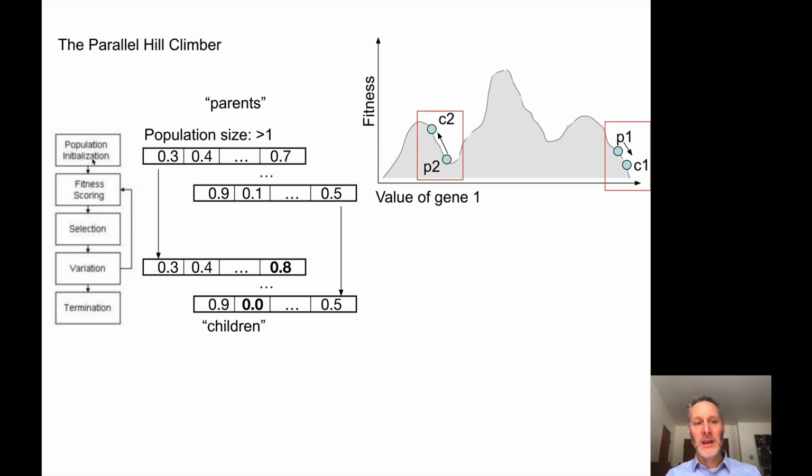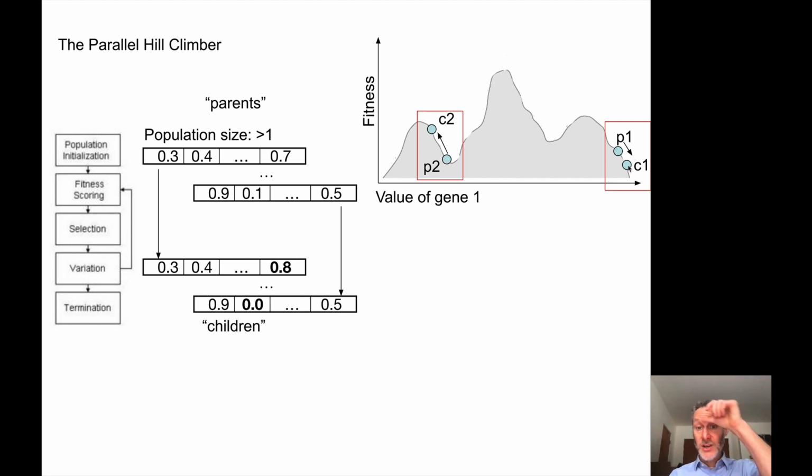So now, when we initialize the population, we initialize the population with more than one genome or one genotype. We've got a bunch of them, which are going to be represented as parent 1, parent 2, and so on. For each of those parent solutions, we're going to set the internal value to a random value, which means those initial random parents are going to materialize at different points along the horizontal axis. P1 lands here, P2 lands here, and then both P1 and P2 run one step of the hill climber.